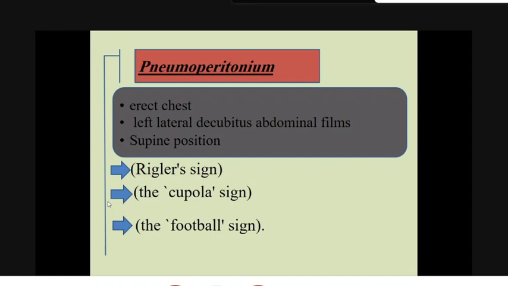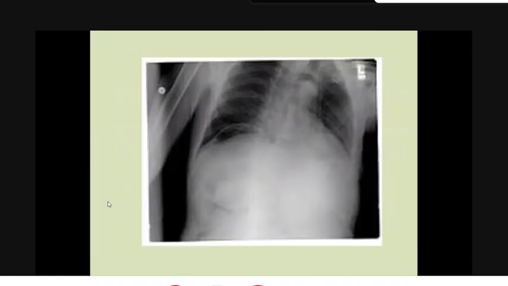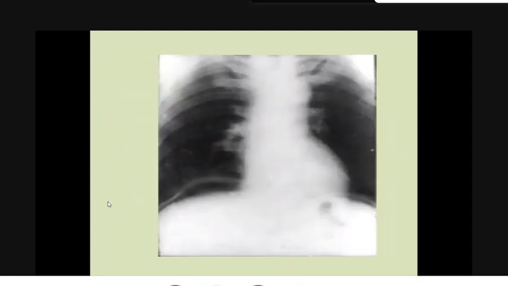If not available, we use the plain films: either the erect chest x-ray, the left lateral decubitus plain abdominal film, or the supine plain abdominal film. On the erect chest, it is easy to visualize the lesion under the right diaphragm as a curvilinear translucency, easier than on the left side due to the presence of stomach and bowel gas.